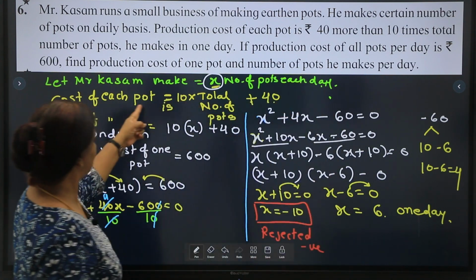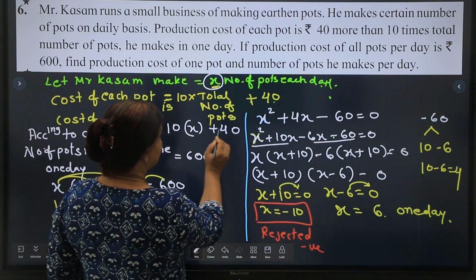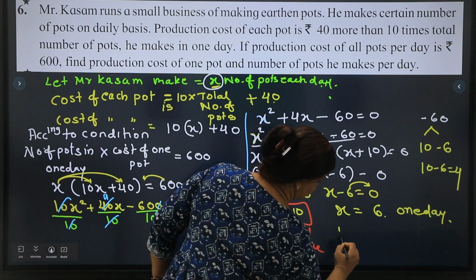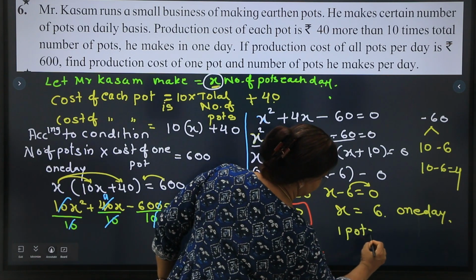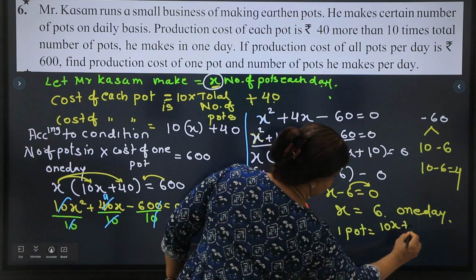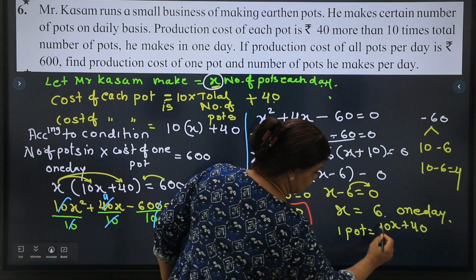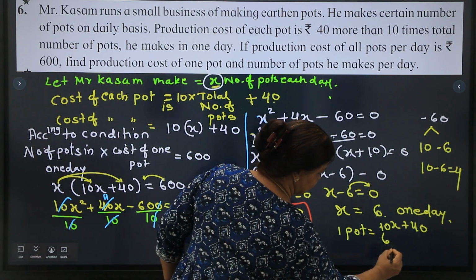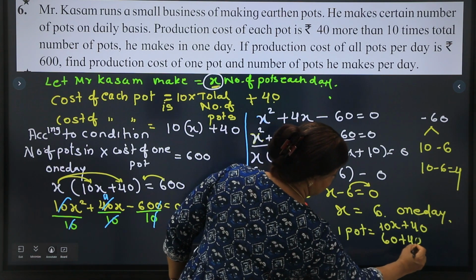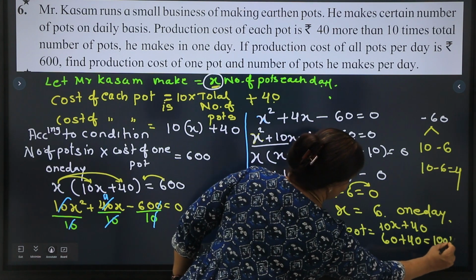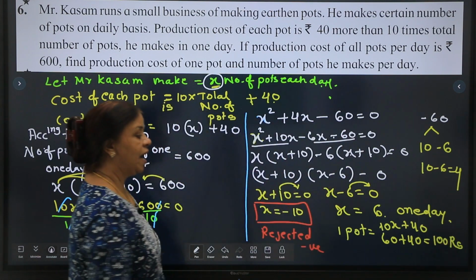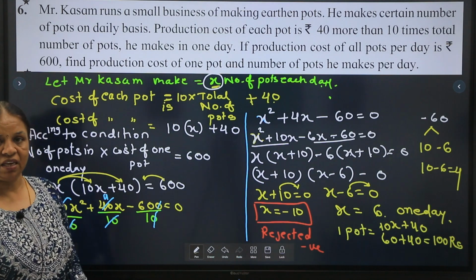What is the production cost of one pot? 10x plus 40, na? One pot will cost him 10x plus 40. 10 into 6 is 60, plus 40, which is equal to 100 rupees. So one pot is costing 100 rupees for making.